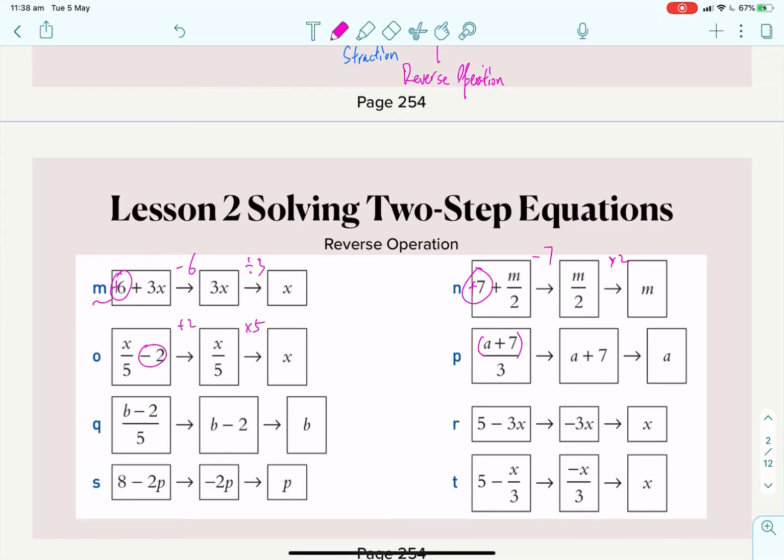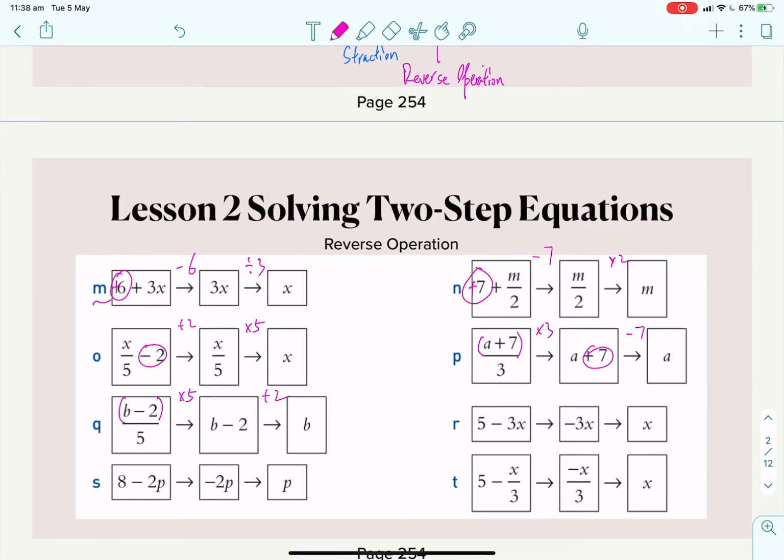Having a bracket and a division, in normal operation we would do the bracket first, but we're doing reverse, so we get rid of the divide by 3 first. What's the opposite of divide by 3? Times 3. Now we've got a plus 7 left, so we get rid of 7 by minus 7. Similar to this one, again this is an invisible bracket, so we times 5 plus 2.